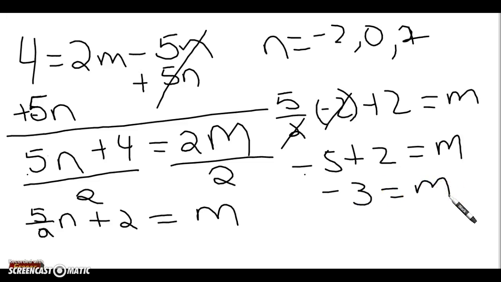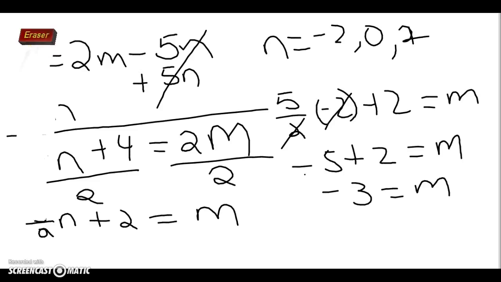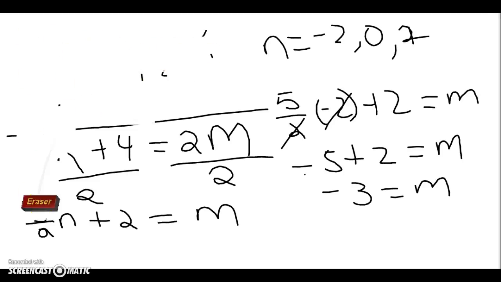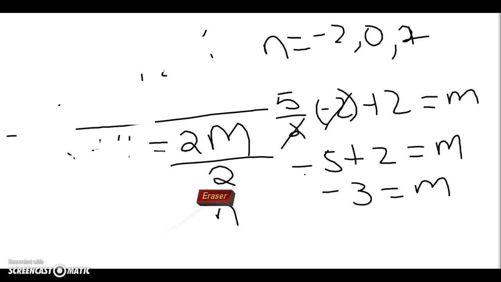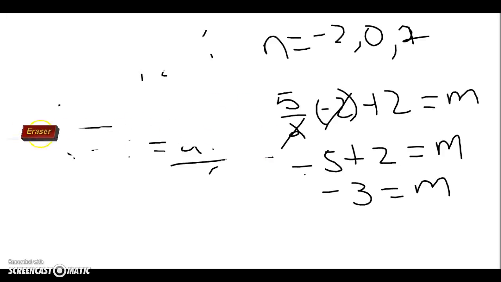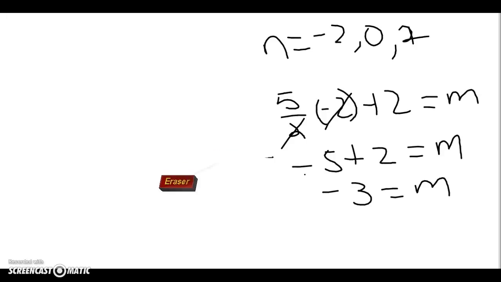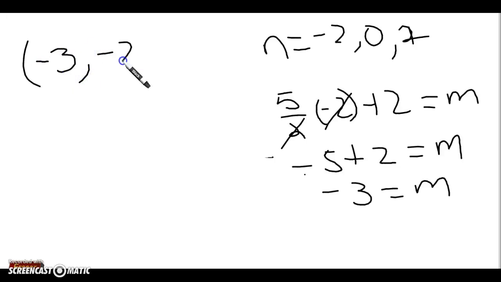So I'm going to erase some of this over here because I've run out of space. And I get, when m is -3, n is -2. Alright, so let's do 0.